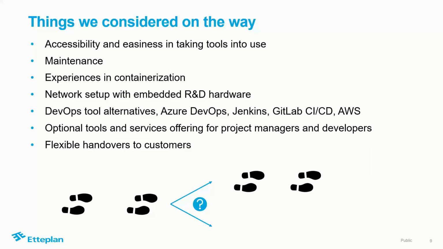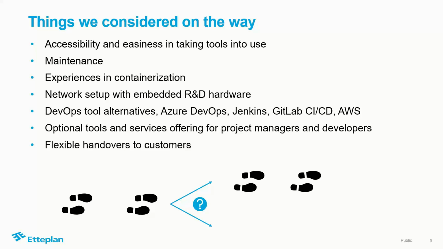Then some things that we considered on the way when we did this DevOps thinking. First of all, we wanted easy tools, easy methods, easy ways of working, and the accessibility should be very easy and straightforward. That was a key thing.